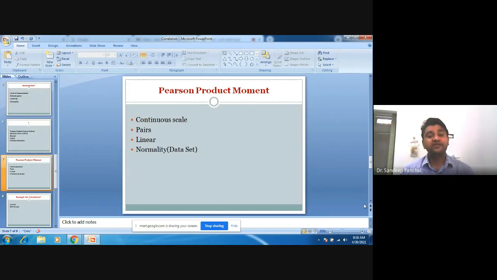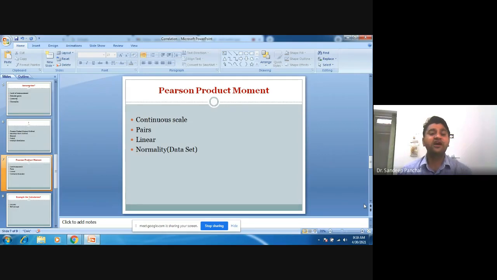The second requirement is pairs. Data should be in pairs. We have to take two things at least at a time, meaning pairs. The third requirement for Pearson product moment is linearity. Linear means a straight line.